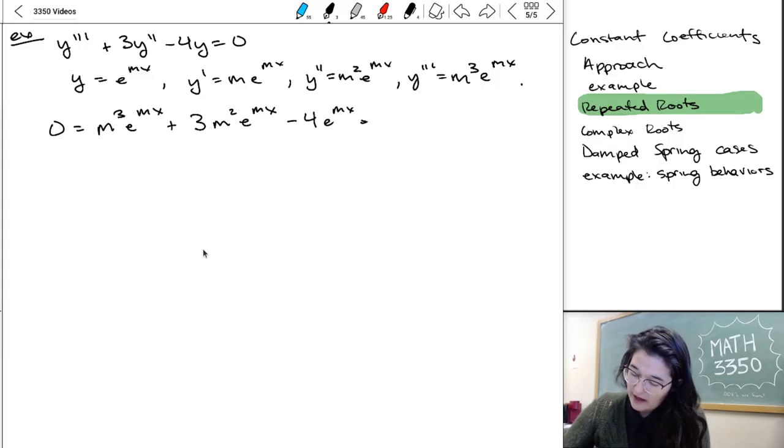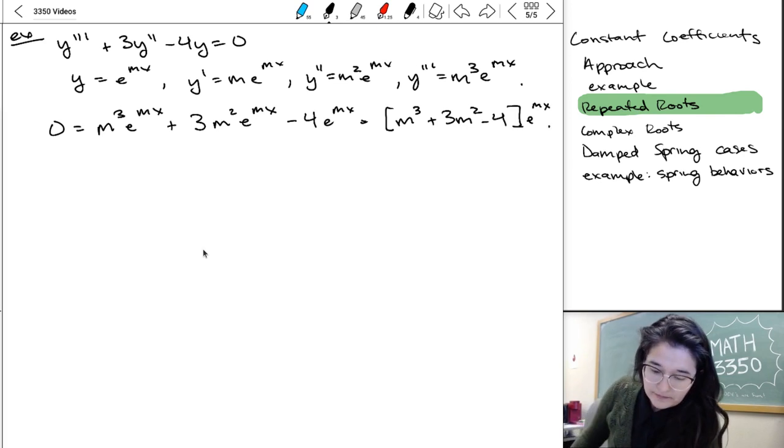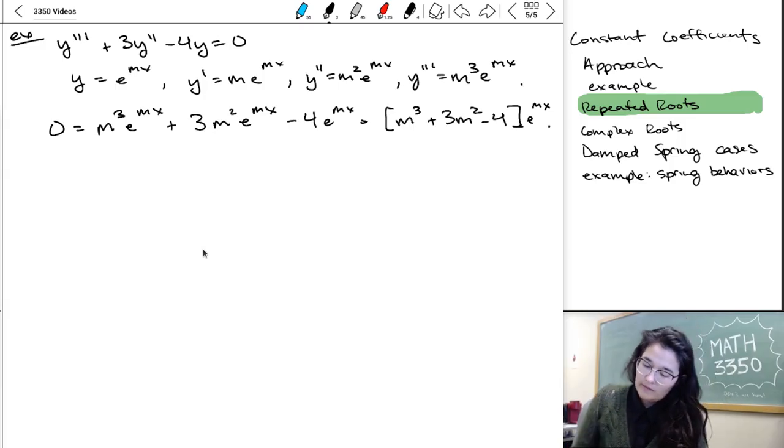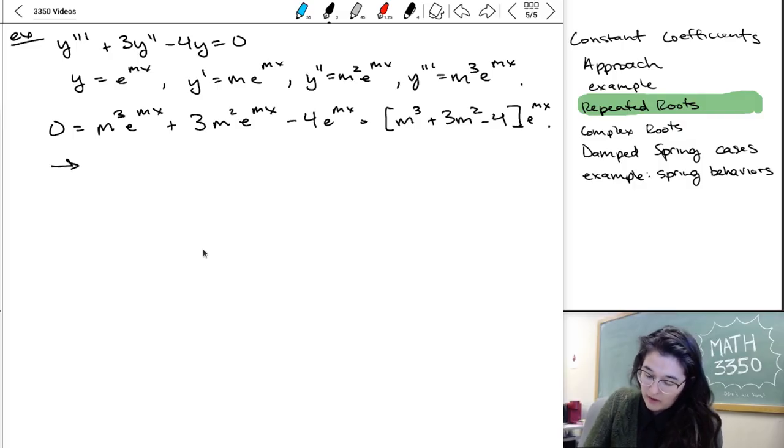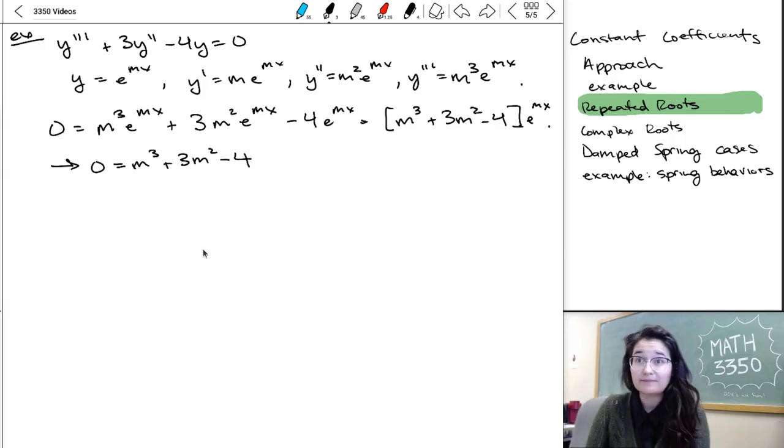And when I factor out that e to mx, I get m cubed plus 3m squared minus 4 times e to mx. And so I want to solve 0 equal to m cubed plus 3m squared minus 4.